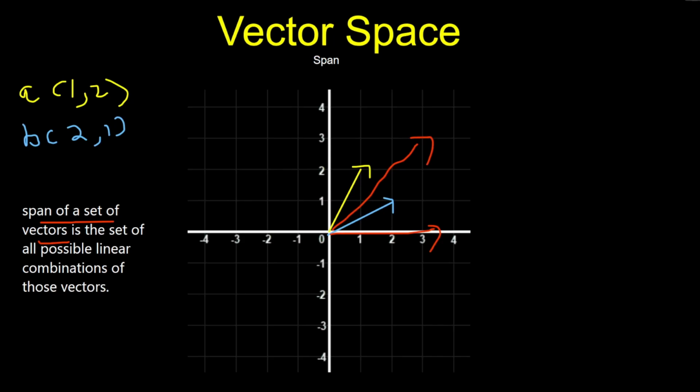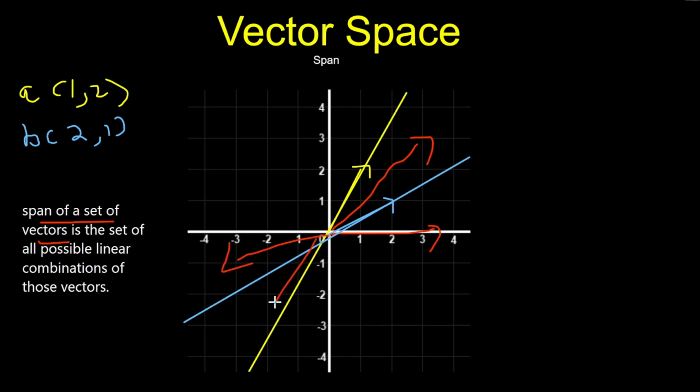This vector A can be scaled all the way along this line, in the positive or negative direction, and the same thing applies here. By scaling and adding them together, we can get the set of any vectors. So the span of these two vectors is just the set of every vector in the 2D plane, which is represented by R2. This is called the span of vectors.